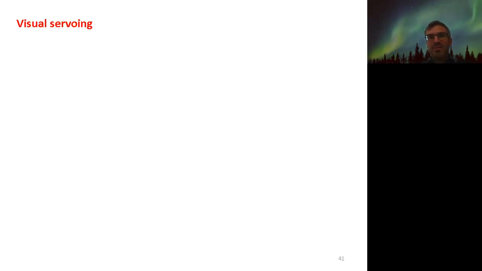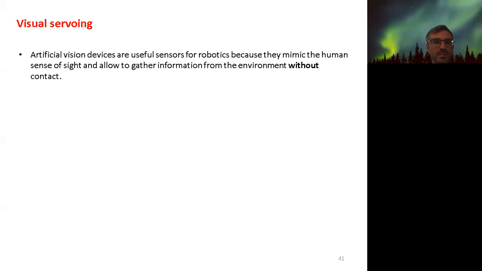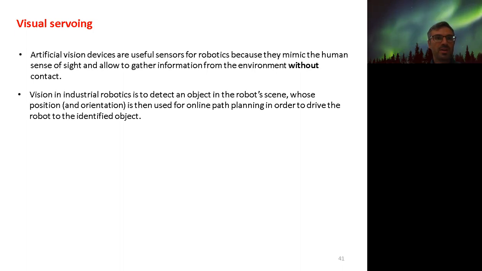Finally, the very last topic of this course is about visual servoing. Visual interaction is just another type of interaction with the environment. It is an interaction that has no contact. In general, we saw in the exteroceptive sensor class that the usage of sensors in robotics is to gather information from the environment without contact.